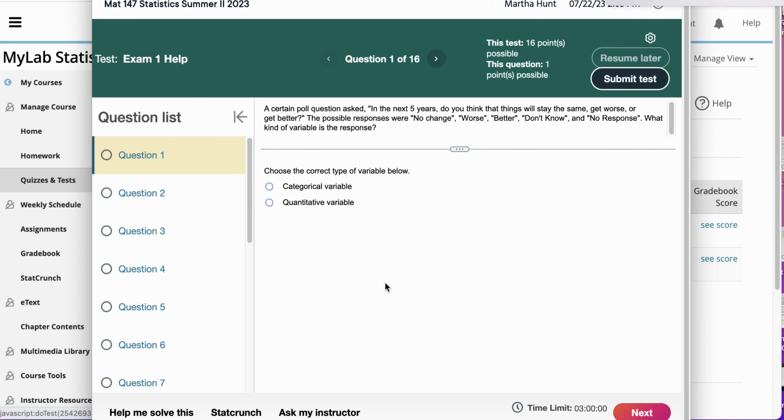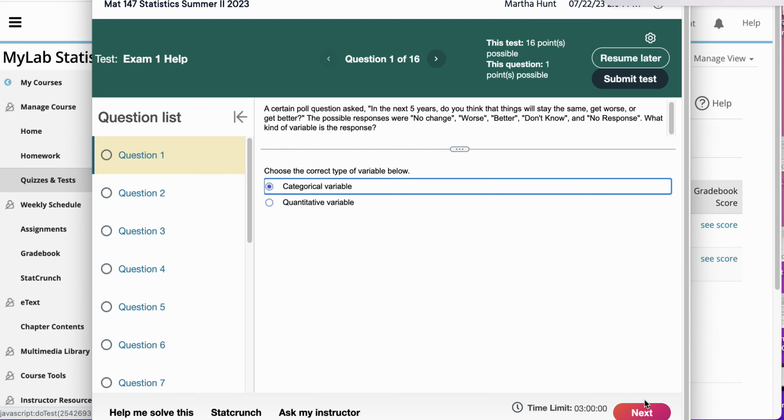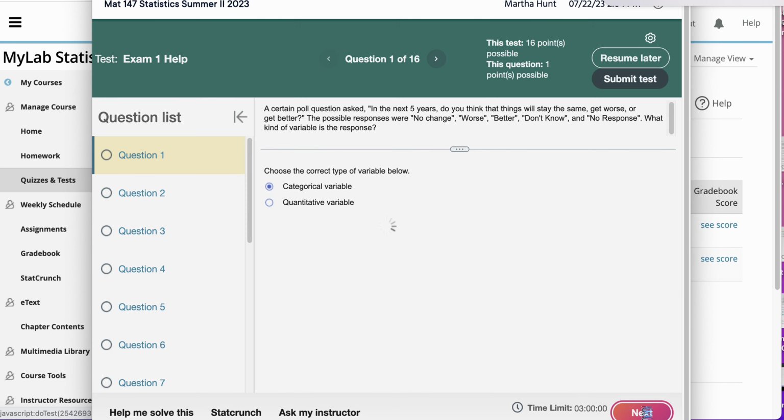Question 1 asks if there's a poll and they ask the questions, what do you think is better for things happening in the next 5 years? No change, worse, better, don't know, no response. What kind of a variable is this? Well, it's a categorical variable. So we'll respond and we'll do next.